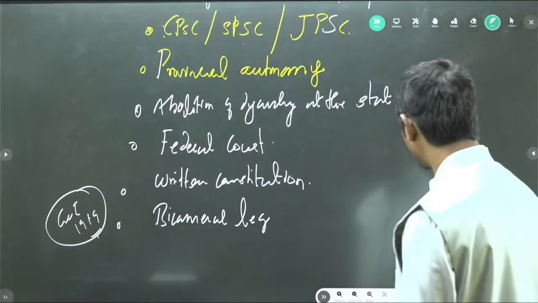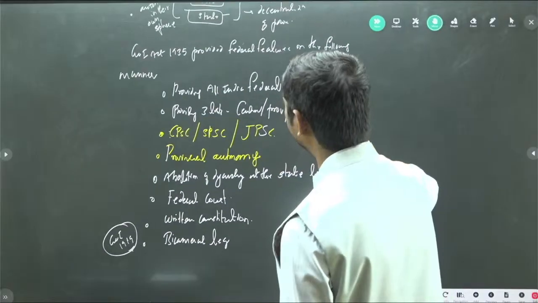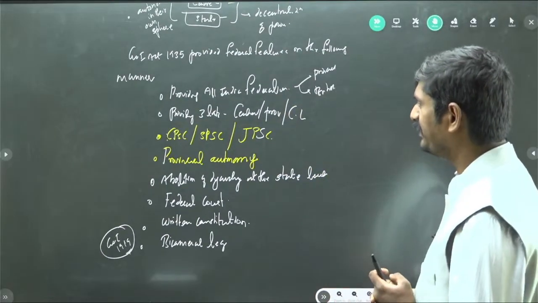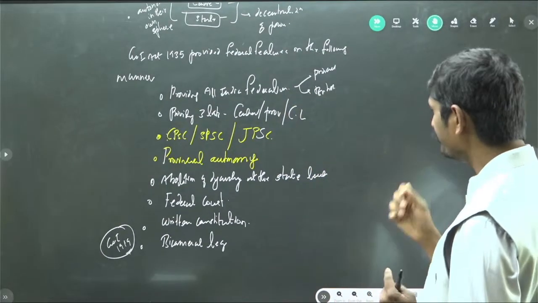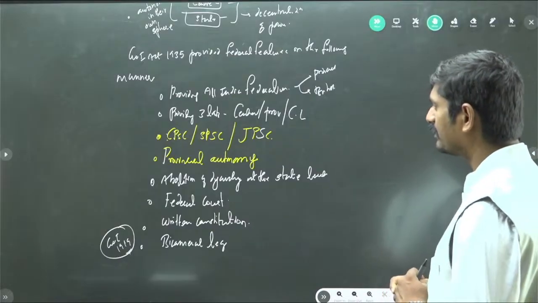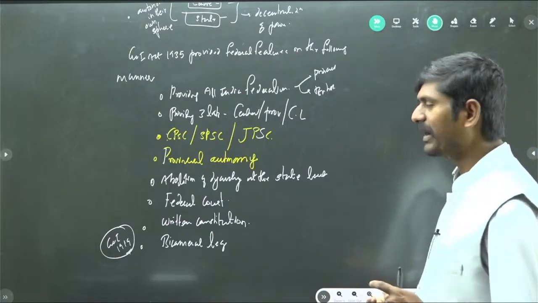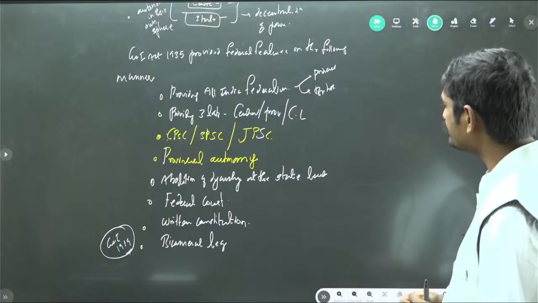So what are the features? One is providing All India Federation, providing 3 lists, CPSC and SPSC, provincial autonomy, abolition of diarchy, federal court, written constitution and bicameral legislature, okay.